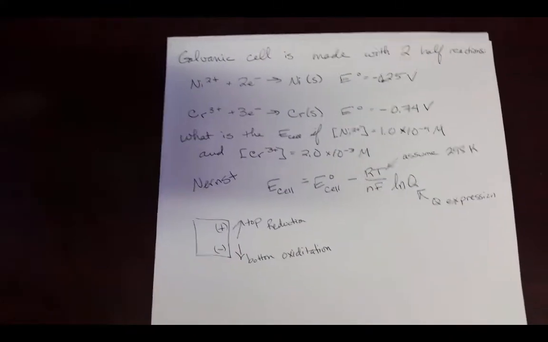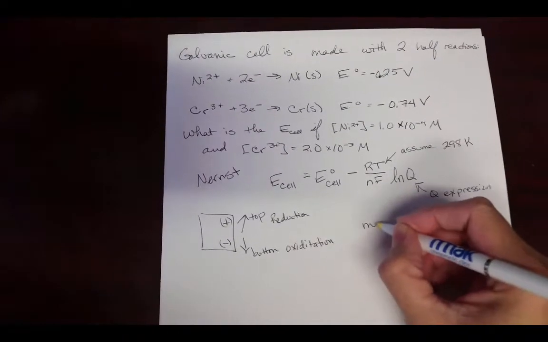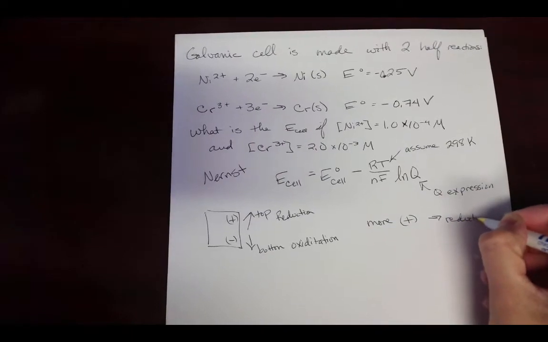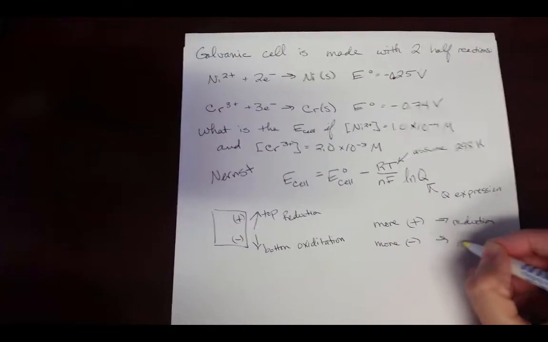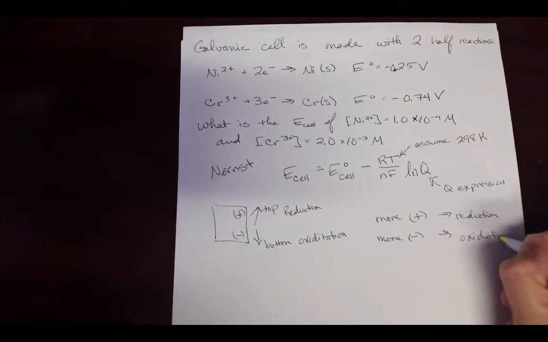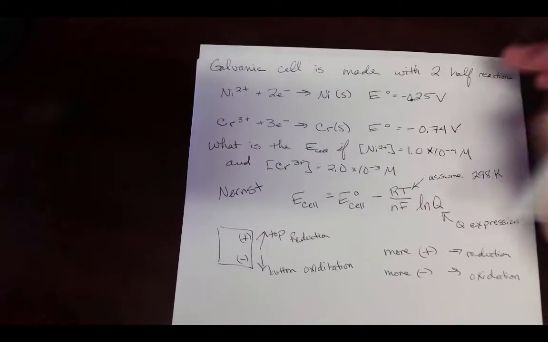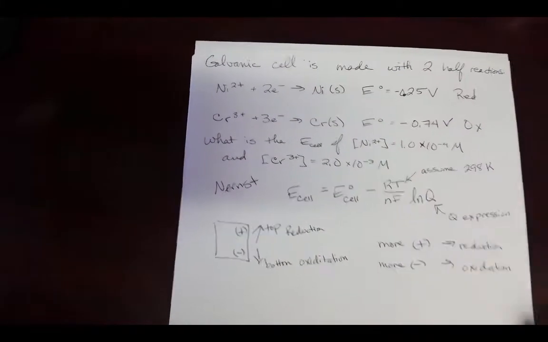But again, we don't actually have a table in this case. So what we actually need is the fact that the more positive one will be our reduction, and the more negative one will be our oxidation. So we can look at these two values. They're both negative, but this one's less negative. So this should actually be my reduction. This should be my oxidation.